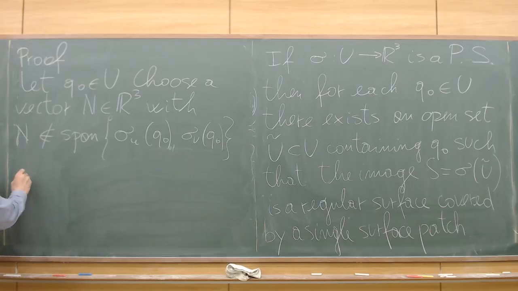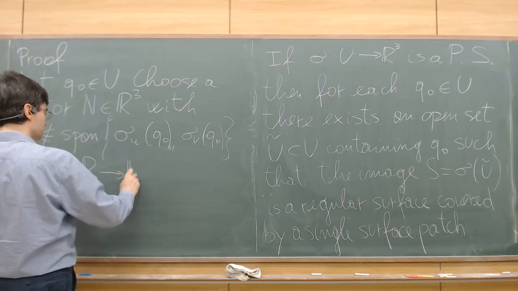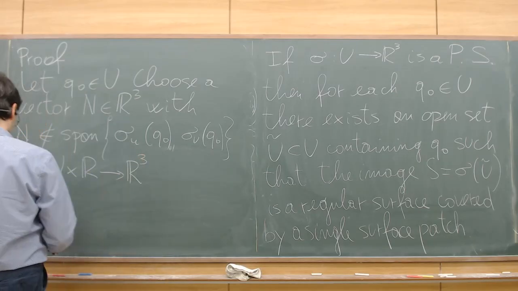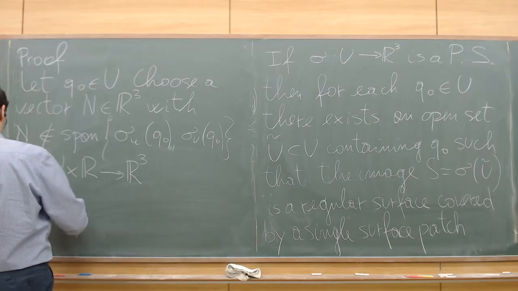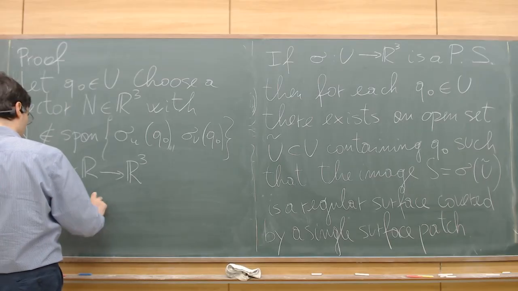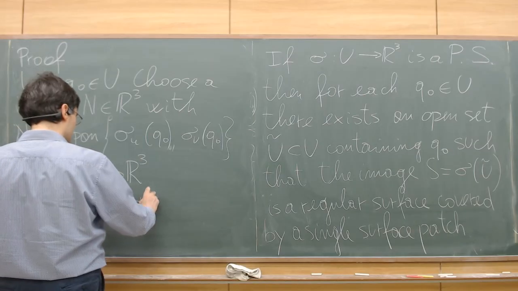Let's introduce the function F on U times R with values in R3, defined by this formula: F of Q, t equals sigma of Q plus t n.